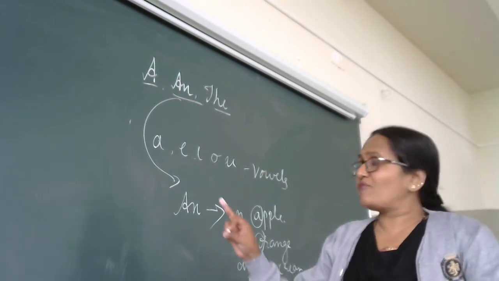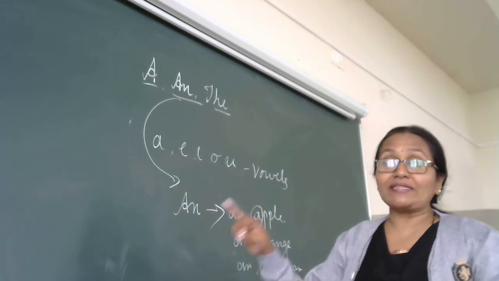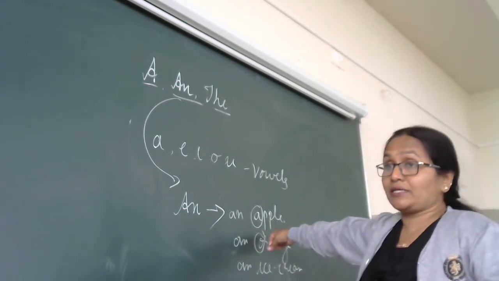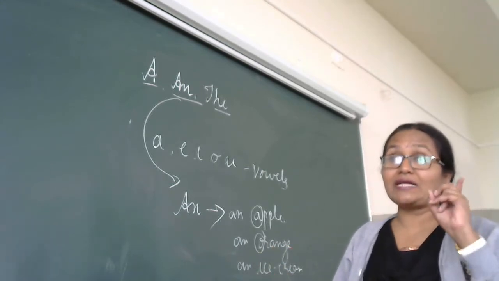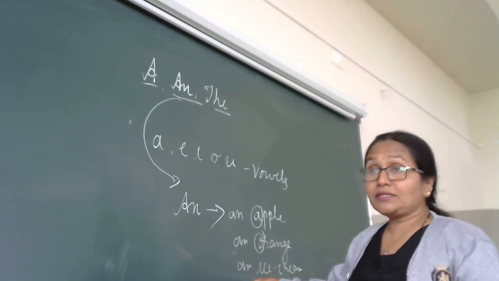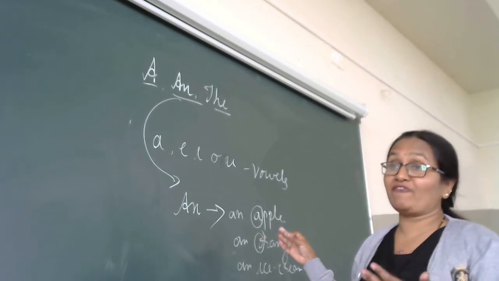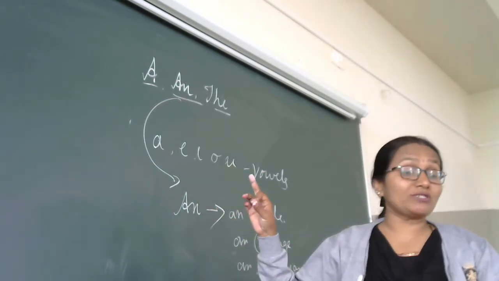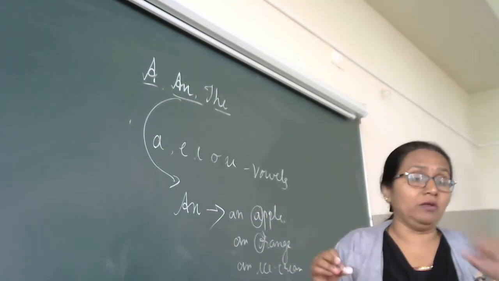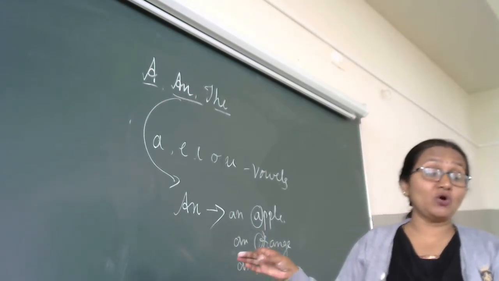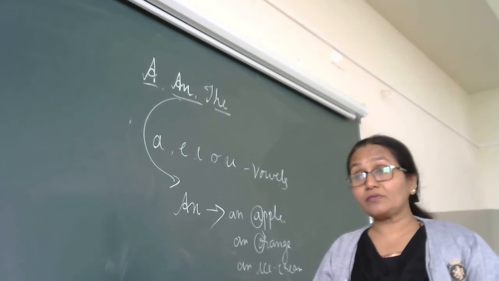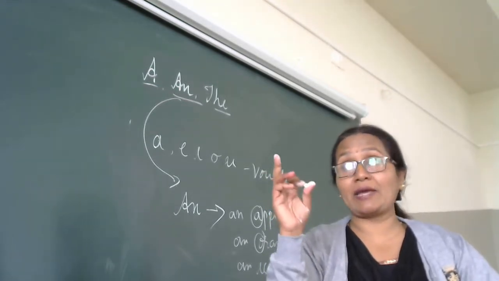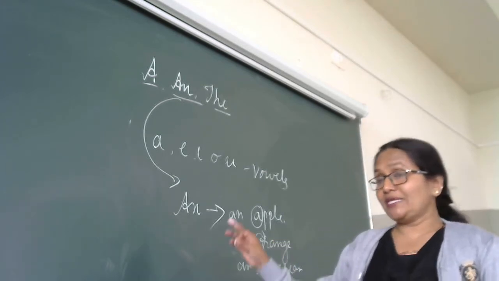We use a and an only when there is a single noun. An apple, an orange, only one single thing. A single animal, a camel, an elephant. So always remember, we use a before nouns which begin with a consonant sound, and an before nouns which begin with a vowel sound. And we use a and an only before a single person, place, animal or thing.